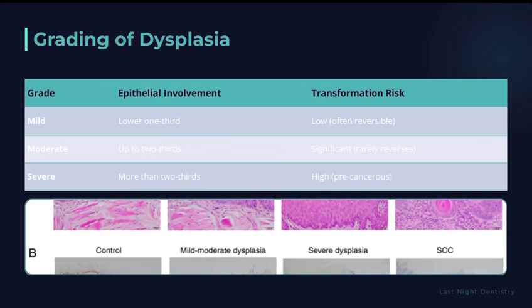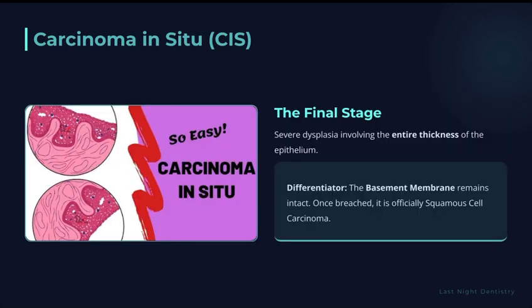Now, here's the important concept: the higher the grade, the greater the malignant potential. Some mild dysplasias may regress if the patient stops smoking, but moderate and severe dysplasia are much less likely to reverse.